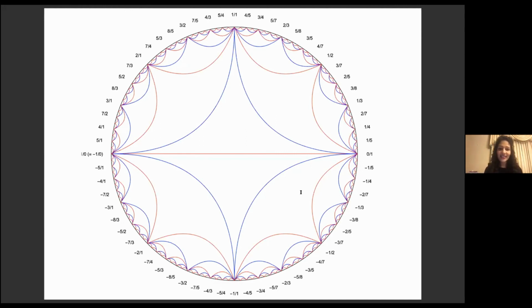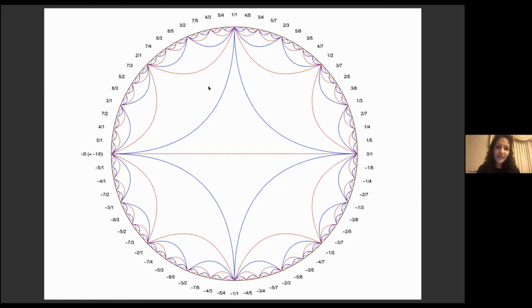It has some very interesting properties. Some of them are that any two fractions are connected by a curvilinear edge if and only if the determinant is +1 in the upper half of the plane and -1 in the lower half of the plane.